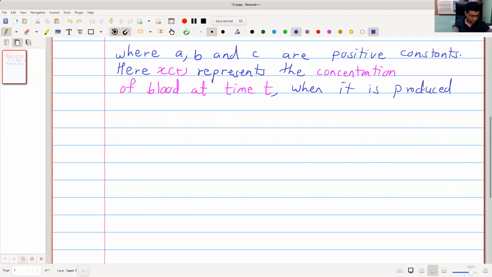Then the next term is x of t minus tau. X of t minus tau is the concentration when the request for more blood is made.